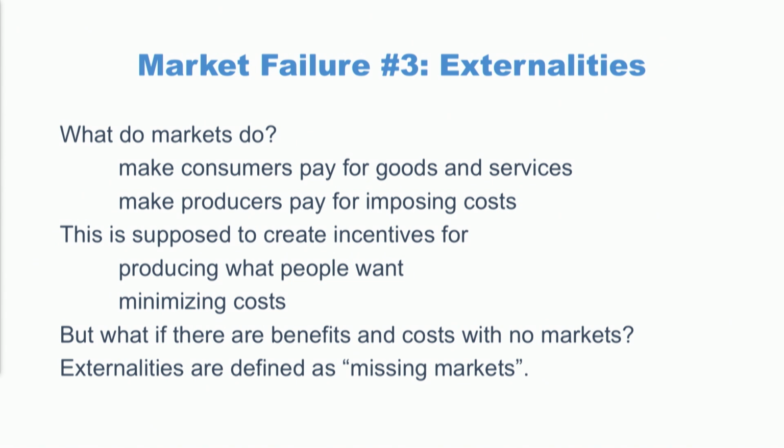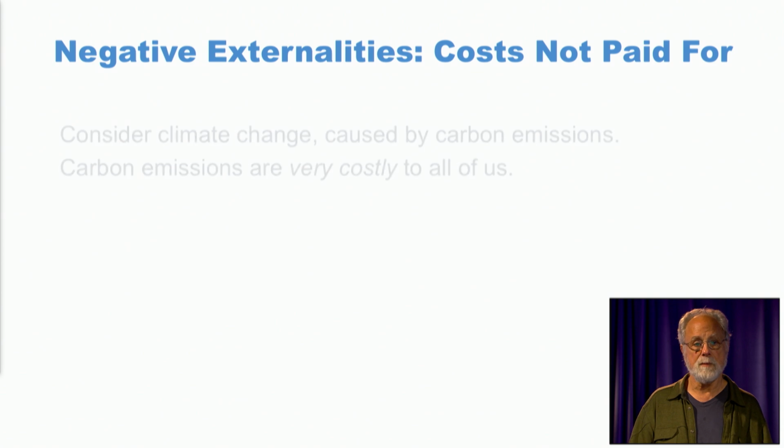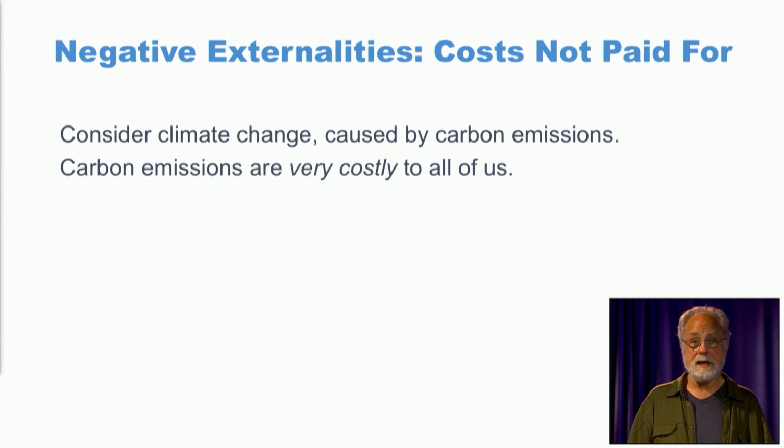So let's consider two types of externalities. First, let's consider negative externalities. Negative externalities are costs, at real cost to society. So burdens that people have to bear, but they're not paid for. Nobody pays for these costs because there's no market in them. So a big example, the biggest of all, is climate change.